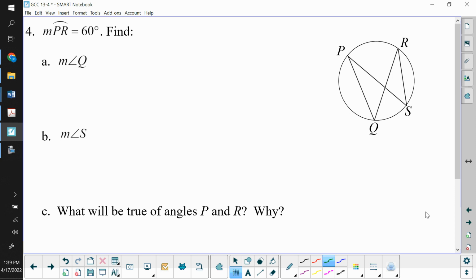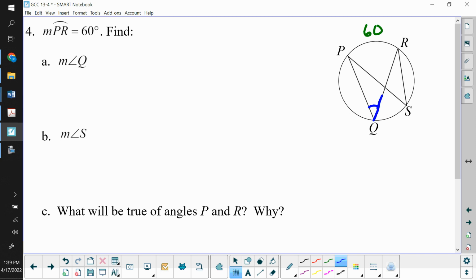All right, and 4, let's label what they show us. We've got 60 degrees for this arc here. And we don't have any other arcs we can find based on the information, so let's just go from here. We want to start with angle Q. The thing to notice is Q's vertex is on the circle, so it is going to be half of the arc it opens up to.